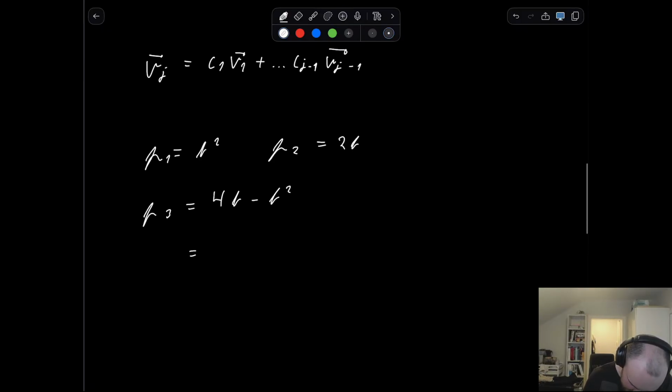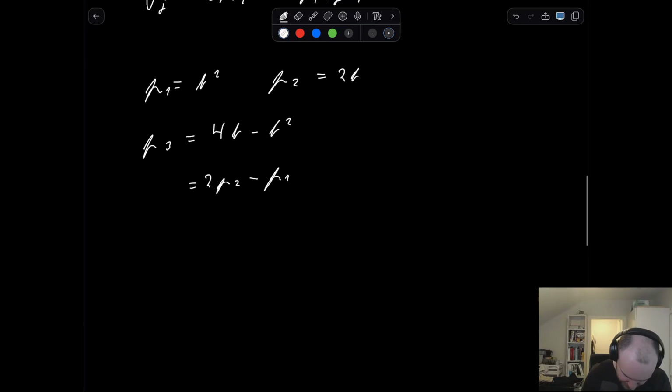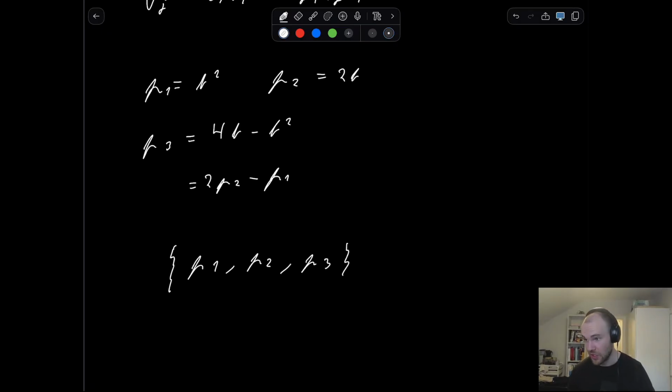Then I could see here that if I did 2 times p2 minus p1, I have p3, meaning dependence, right? So no independence. So the set p1, p2, p3 wouldn't form a basis, of course, and in this set we would have dependence, right? Not be independent.